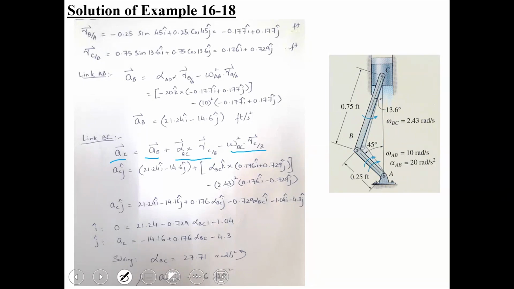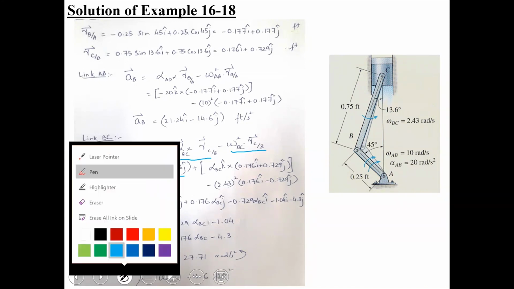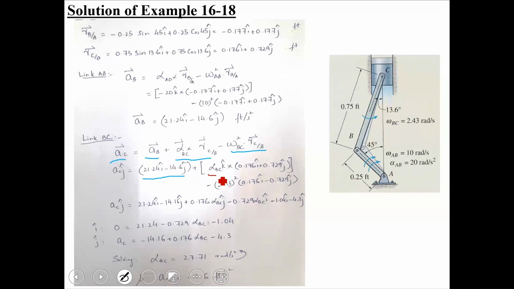Acceleration of B we already found, which was 21.24i minus 14.6j. We assumed alpha BC is in a counterclockwise direction, so we have written it as alpha BC k. RCB we already wrote at the start, which was 0.176i plus 0.729j. Omega was known, which is 2.43.